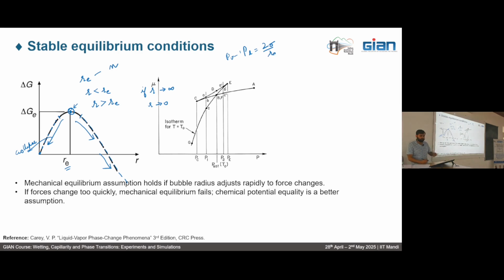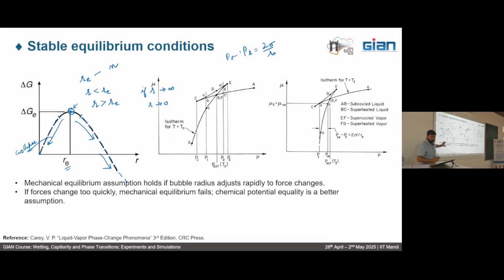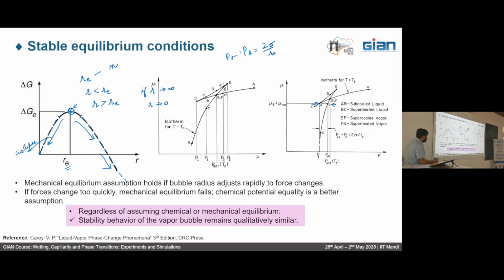So if the force changes are too quick, then the mechanical equilibrium might fail, but in that case the potential equilibrium, which we have taken in the beginning, is a better assumption. Regardless of assuming chemical or mechanical equilibrium, the stability of the bubble remains qualitatively similar for both cases.